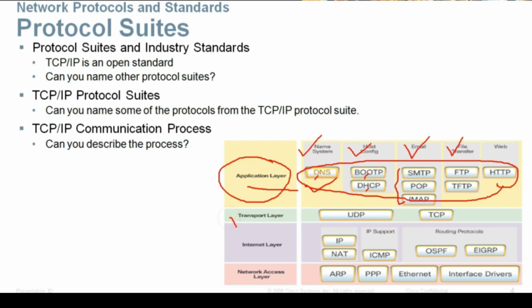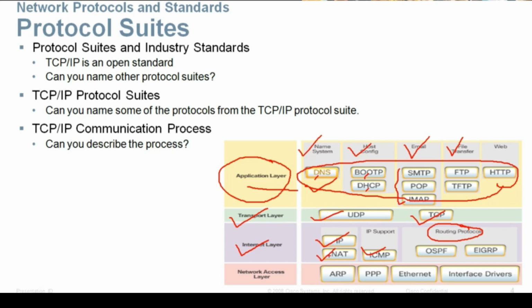Now next is the transport layer, where you have UDP and TCP, the two variations. TCP is a reliable protocol, UDP is not. So accordingly, you can make the choice to use either UDP or TCP. Then you have the internet layer, sometimes known as the network layer, where you have the IP protocol, ICMP protocol, various routing protocols, and the NAT protocol, which is the Network Address Translation protocol.